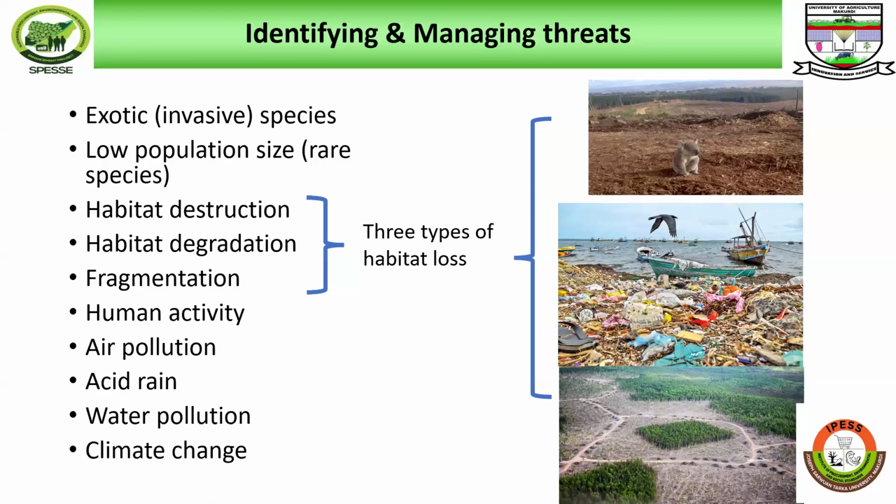The second one shows a habitat that has been degraded. When you move, especially across Africa, around the sea, where you have lots of population in cities, you are going to see a lot of this degradation. And then fragmentation as well. You can see uneven fragmentation in this place, as shown in the third picture there.